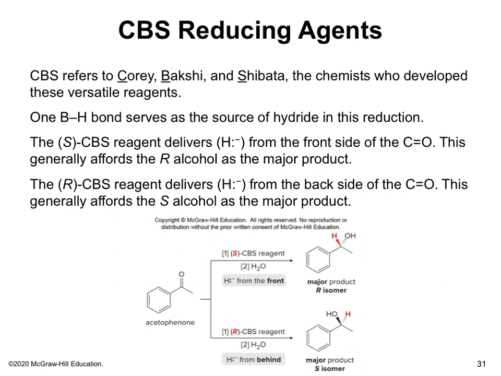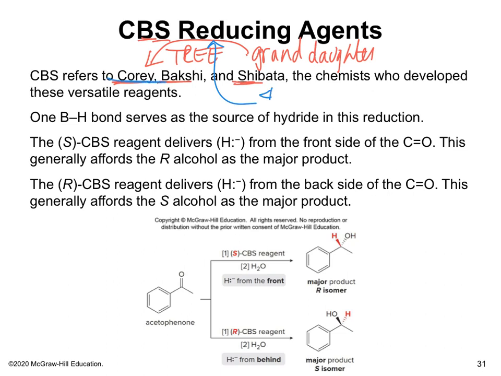The CBS stands for C for Corey, B for Bakshi, and S for Shibata. So in just a little tree of organic, I am actually a Corey granddaughter. Granddaughter means the lineage of someone that actually, so my master's degree research, I worked under E.J. Corey for 4 years.